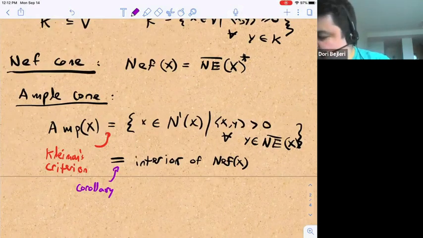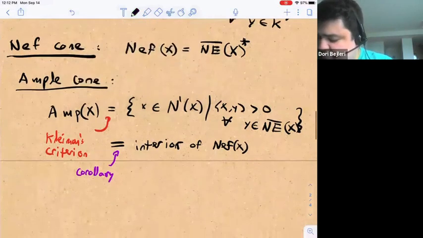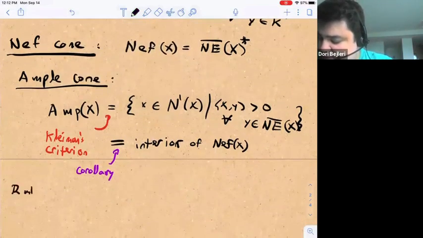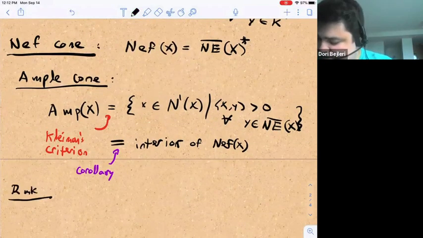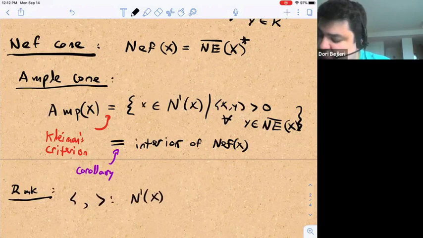Okay, and then just a remark. In higher dimensions, when we do this, now we'll have to generalize a bit because our intersection pairing will be a pairing between N^1(X) and N_1(X).